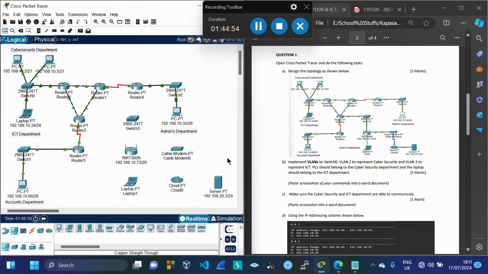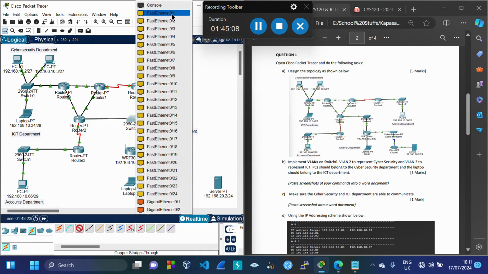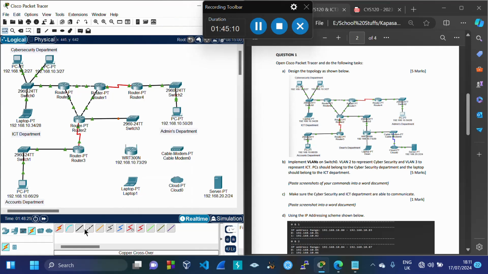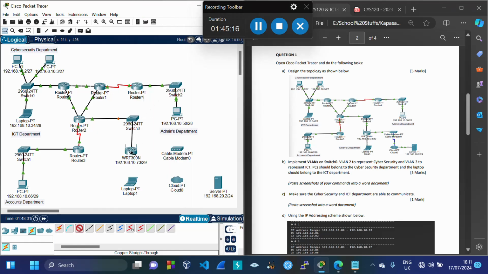So that we've done. Now we just need to connect these devices as they are shown in the question. I'll go under connections, then I'll connect this router on 1/0 to the switch on 1/0/1. Then I'll connect this switch to the wireless router using Ethernet 1 because we are using Ethernet, or it can be 2, anything you want.